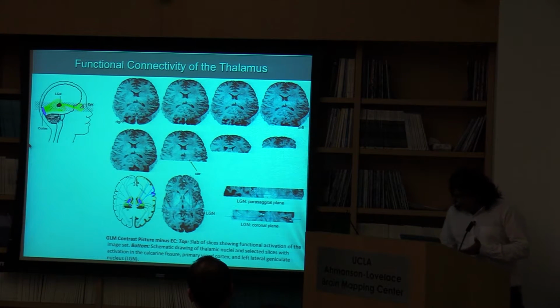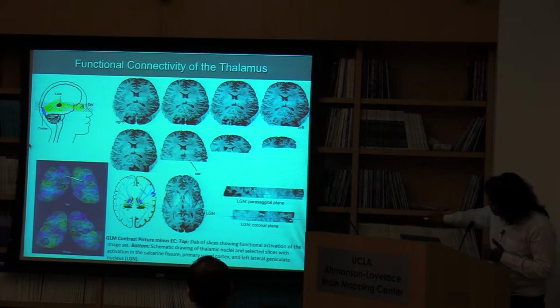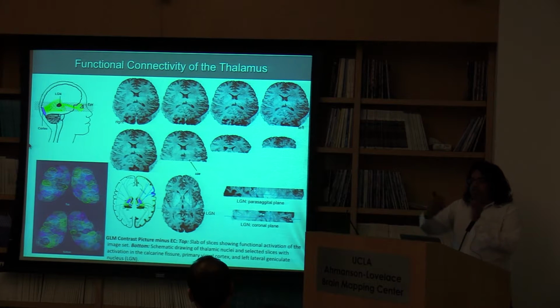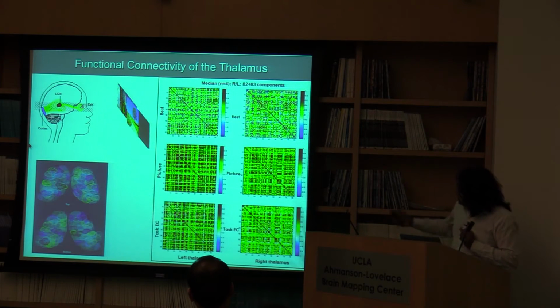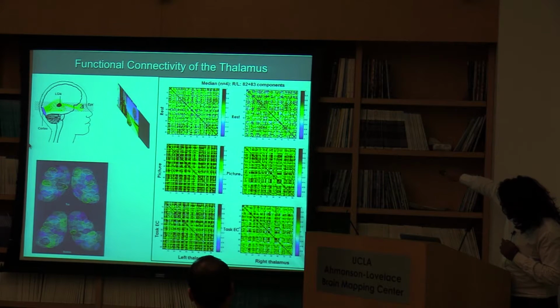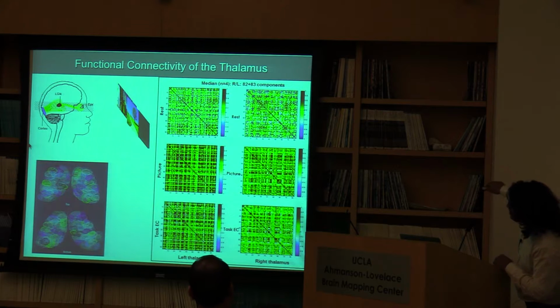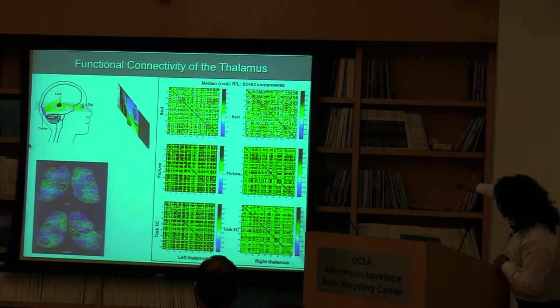In the next step, we took this high dimensional functional anatomy of the thalamus and computed parcel by parcel connectivity in all the subjects. The results are shown here for the resting state, the picture viewing task, and the eyes closed condition.